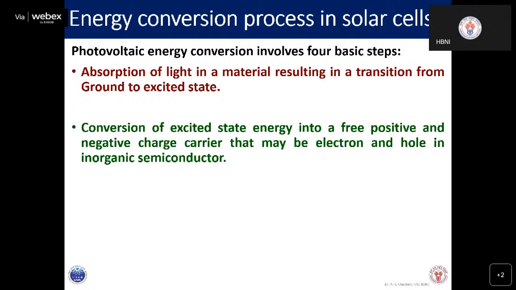Now electron and hole pairs are generated, and this excited state energy should be converted back into free positive and negative charge carriers. They are still bound. Though the electron hole pair has been generated, it is still bound, so it has to be separated.